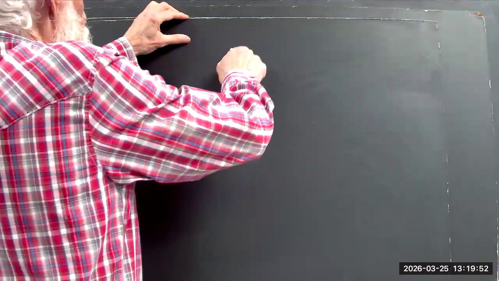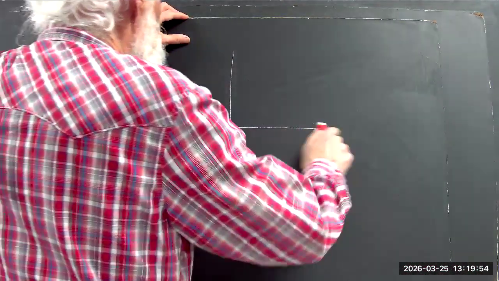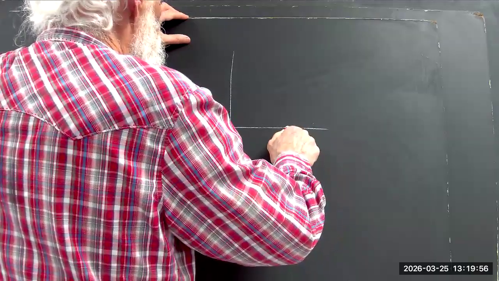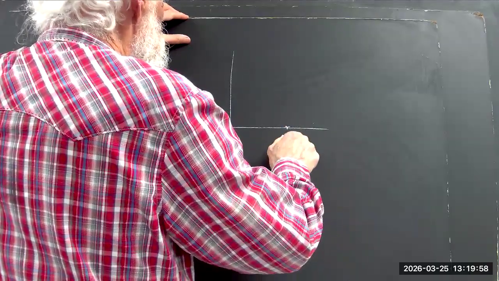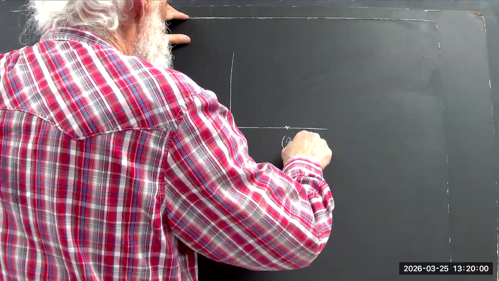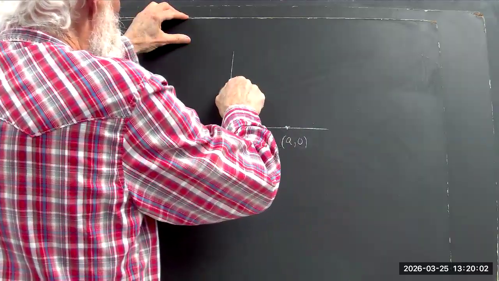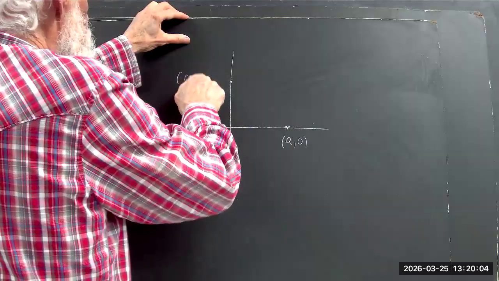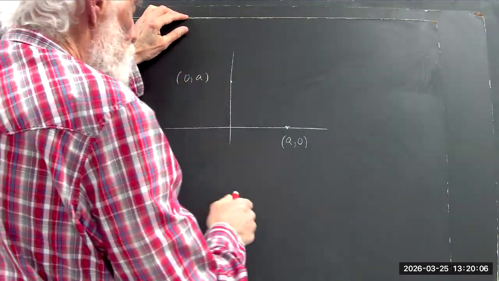Okay, so let's do an enlarged picture here. Here's the point a, 0. Here's the point 0, a.